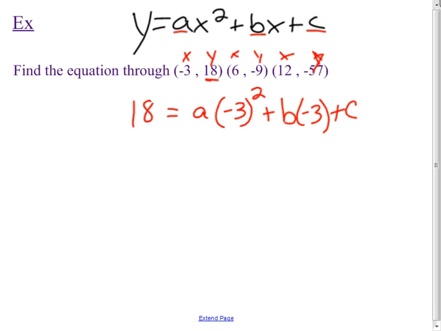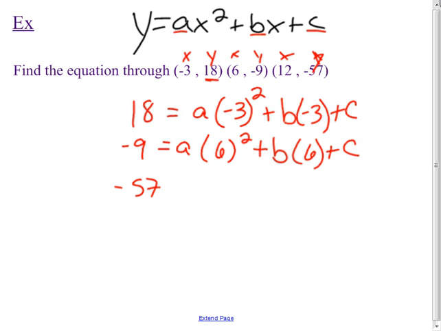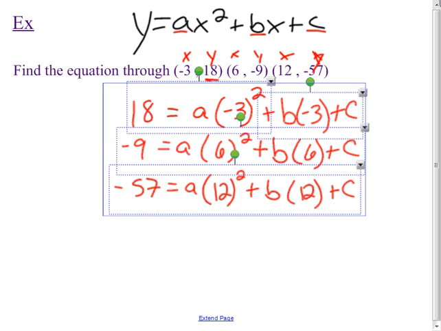Now I'm going to do the next one. Negative 9 equals a times 6 squared plus b times 6 plus c. And lastly, negative 57 is the y, and that equals a times 12 squared plus b times 12 plus c. So I have my system of equations. Now, I still have to do a little bit of math with it. I'm going to reorder them a little bit.